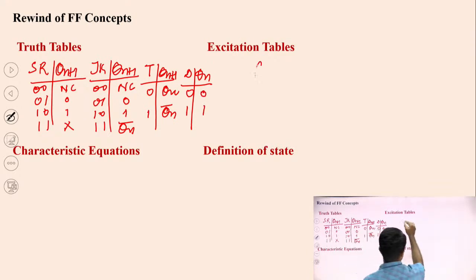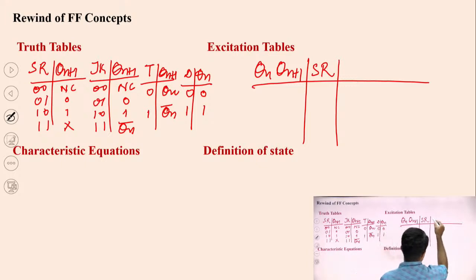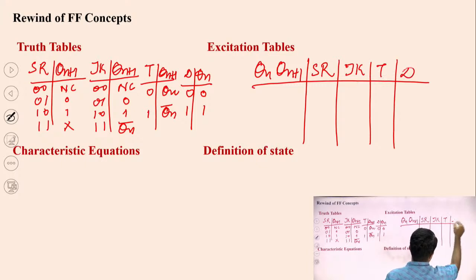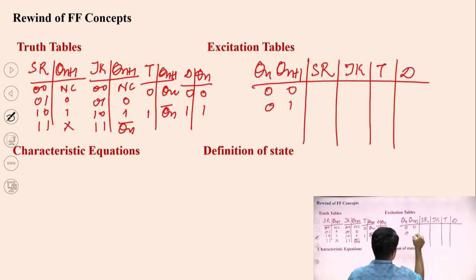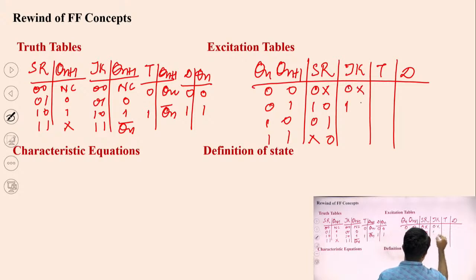Now covering the excitation tables very fast. I am writing them here because we are going to use them in our coming contents. So for SR, this is the excitation table. For JK, the excitation table is this one.